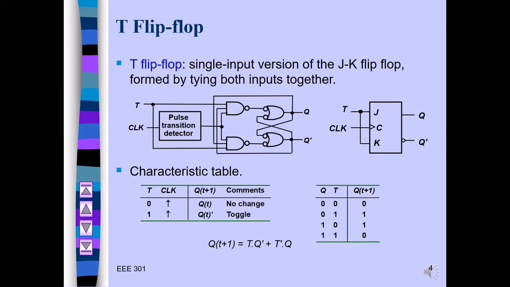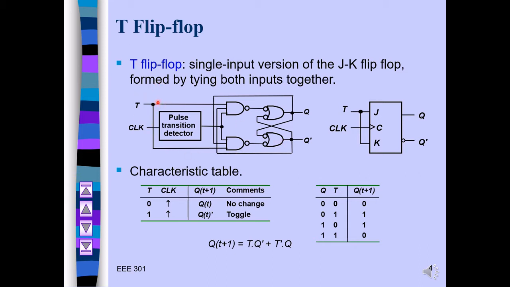Now let's discuss the T flip-flop. The T flip-flop is a single-input version of the JK flip-flop, formed by tying both inputs together. That was your J and that was your K, but if you tie this K with this one, it becomes a T flip-flop, so it becomes shorted here.